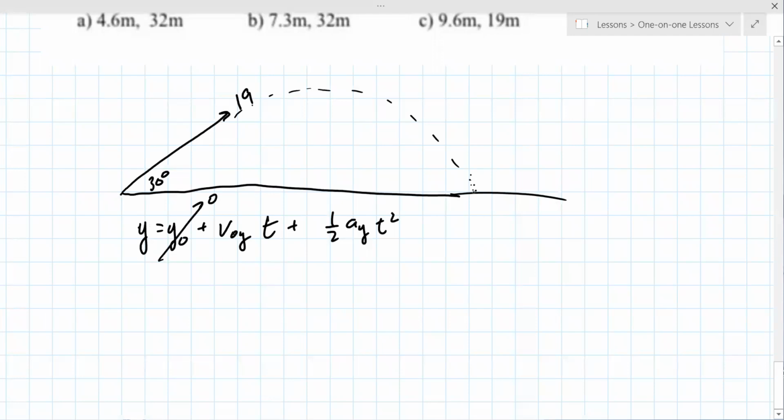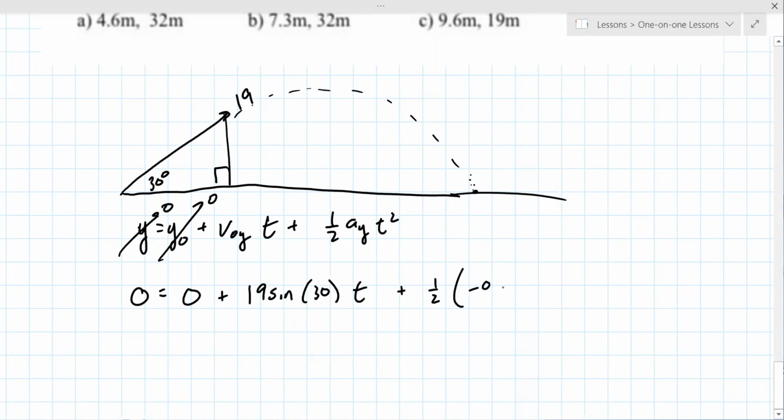And y, when it hits the ground, is back at zero, so this one's also zero. Plus 19, plus 1/2. Oh wait, I'm forgetting the initial velocity. You have to draw the triangle and find the y component. It'll be 19 sine of 30 times t. Is that how that goes? Yes, exactly. Or is it t squared? Oh, never mind. No, t squared is at the end.